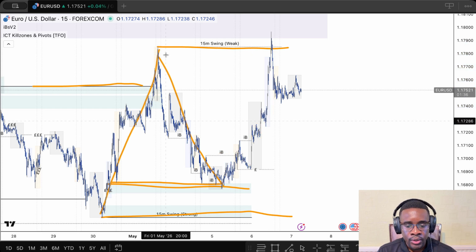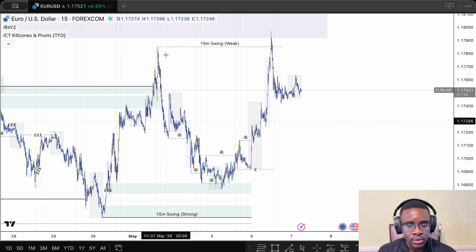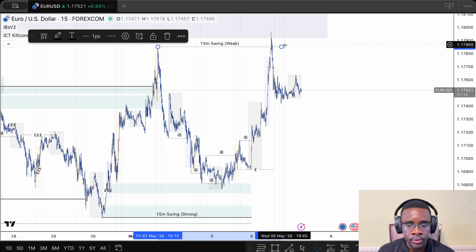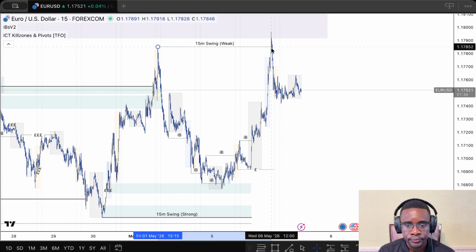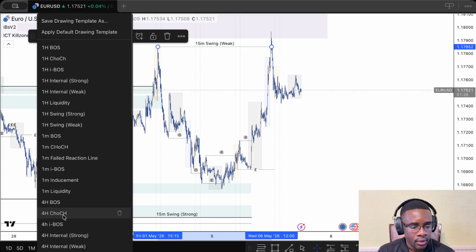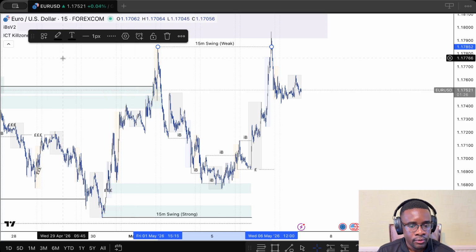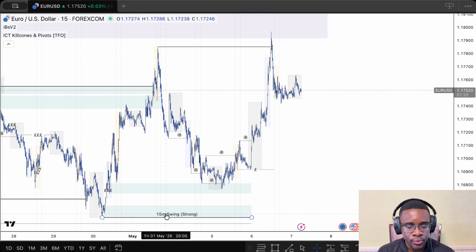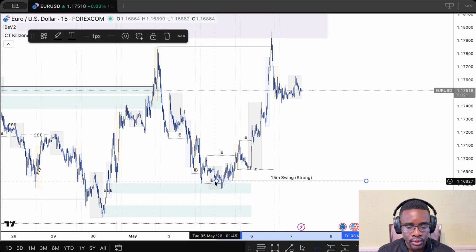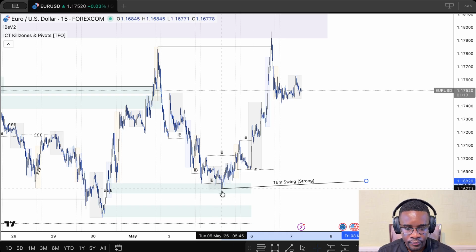So this means that we now have a break of structure, and our new swing range is this one.